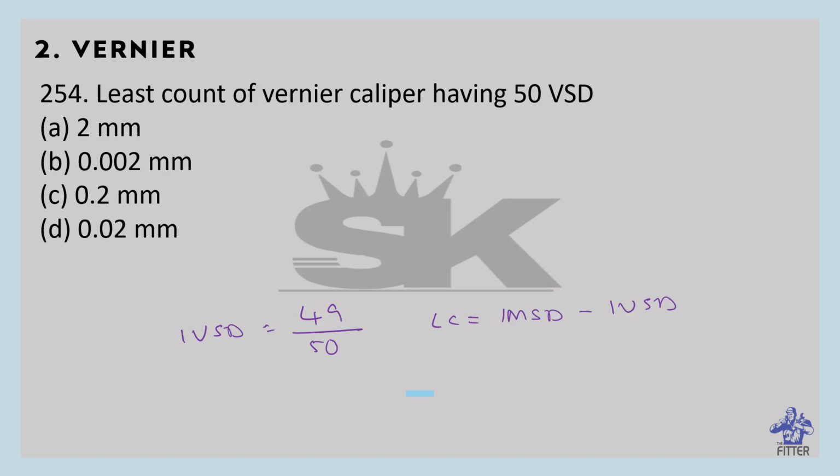So 1 MST is 1 mm minus 49 by 50 mm. So that is equal to 1 by 50, that is equal to 0.02 mm. Okay, option D.